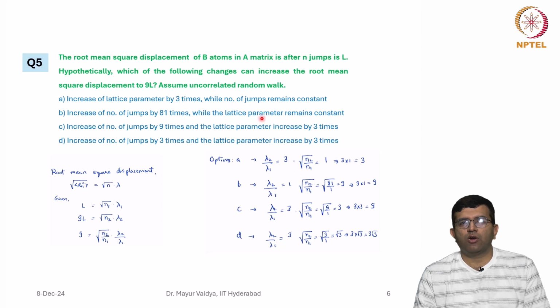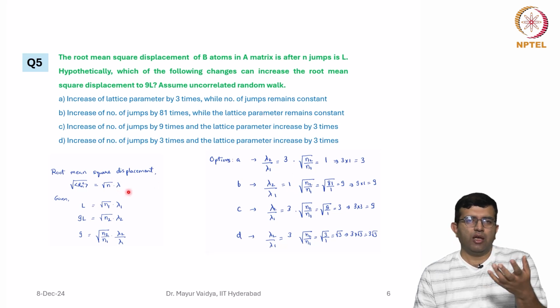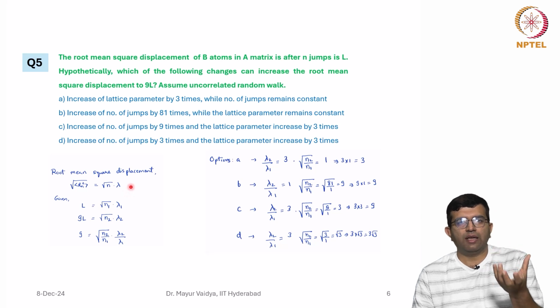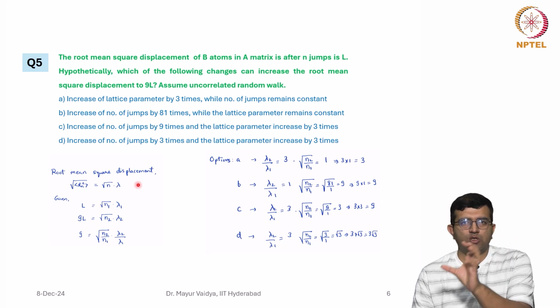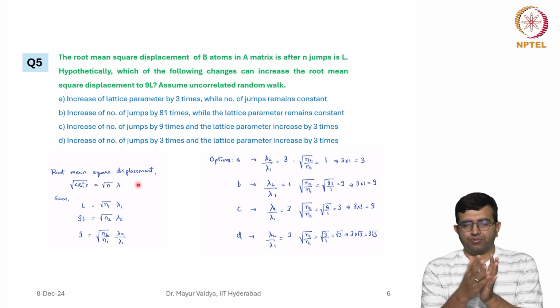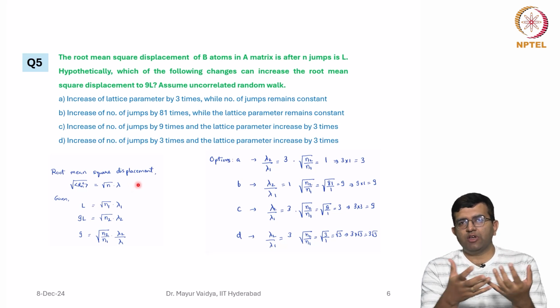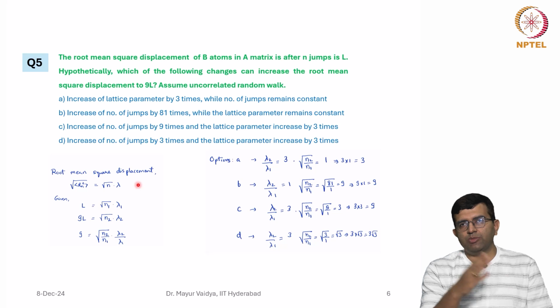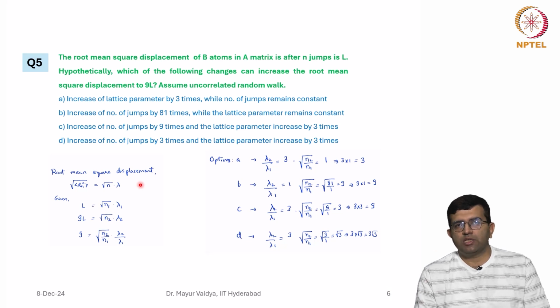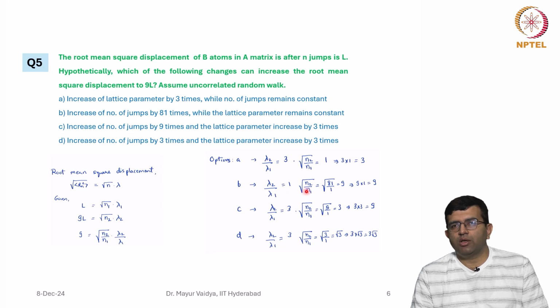Please remember, here we are talking about lattice parameter, and you may say lambda is jump distance, but we derived this for crystals, where typically the jump distance is of the order of the lattice parameter. So in option B, lambda 2 by lambda 1 is 1 and root n2 by n1 is 9, and 9 into 1 is equal to 9. So option B is correct.